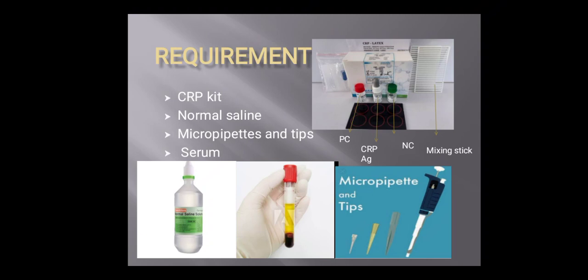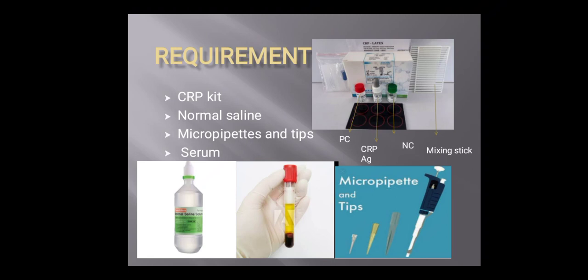The main purpose of this CRP is it is a slide agglutination test for the qualitative and semi-quantitative detection of C-reactive protein in human serum, where the latex particles coated with IgG anti-human CRP are agglutinated when mixed with samples containing CRP. So the latex particles coated with anti-human CRP are mixed with a patient's serum containing the C-reactive protein, which shows a visible agglutination within 2 minutes.